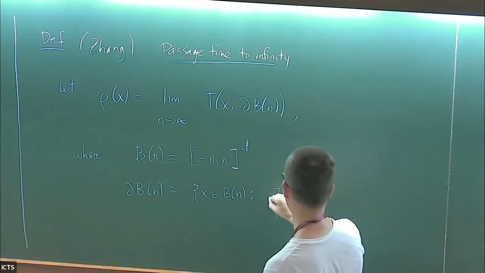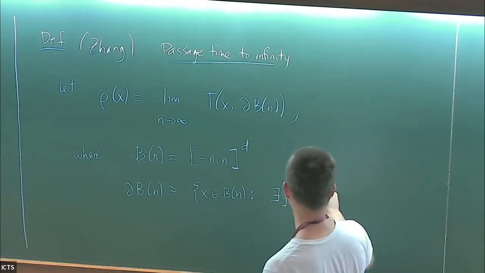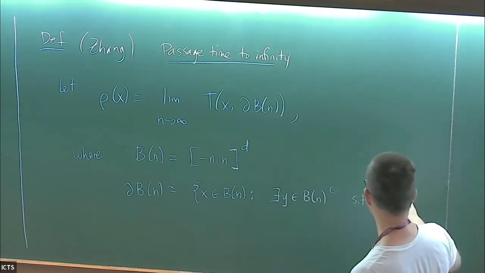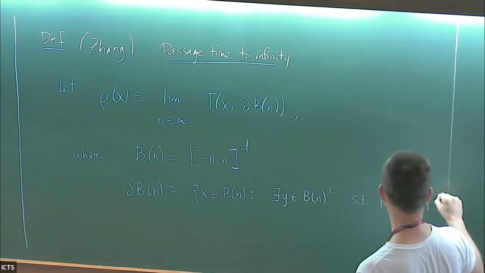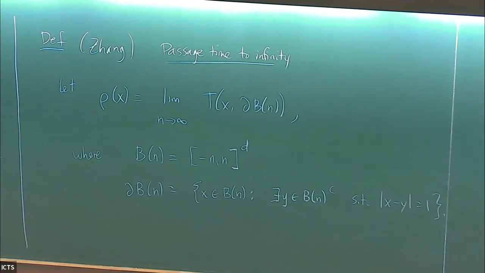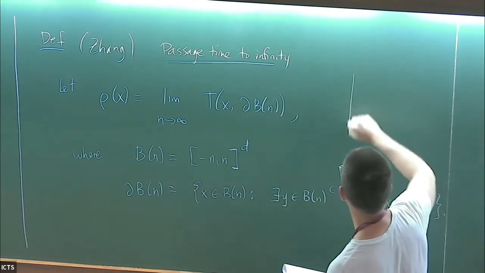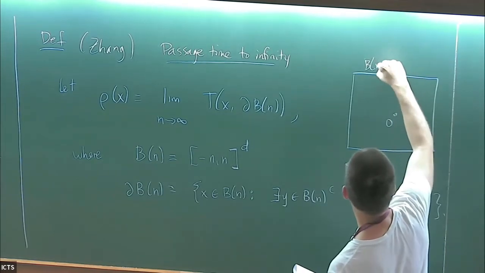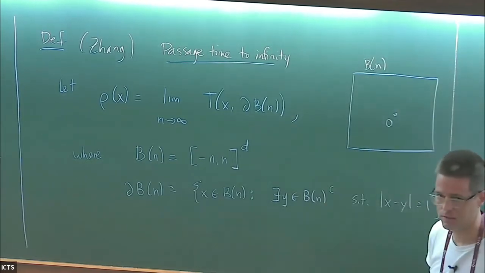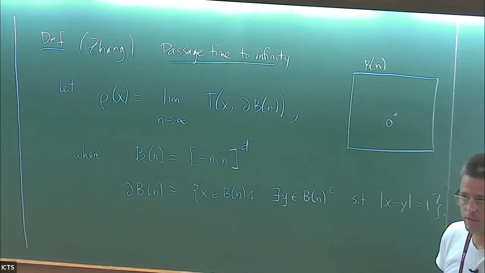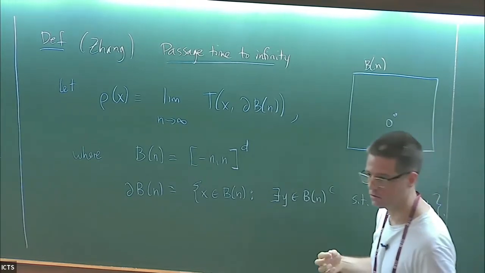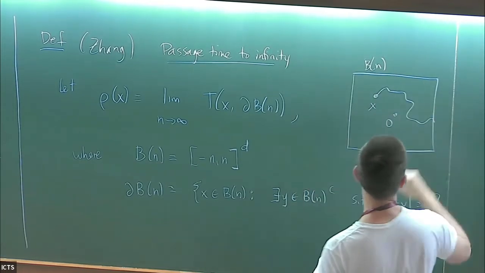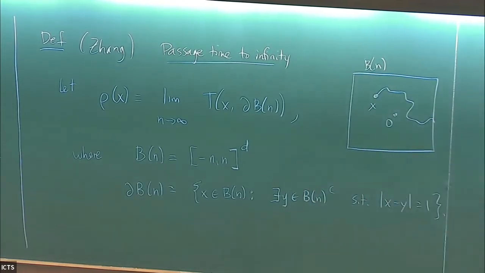So there exists a y in the complement of B_n such that ||x - y|| is 1. Okay, so the picture for this, we have a box, here's 0, B_n. According to this definition, for small n, x may be outside the box, but for large n, it will be in the box. So here's x. You take the optimal path from x to the boundary.